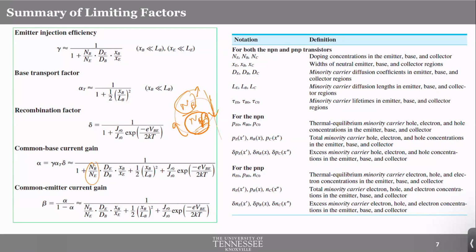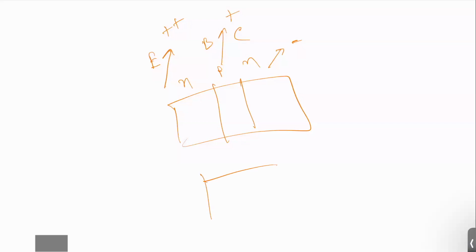So notice those decisions that you learned about in the previous lecture, that emitter is heavily doped, base is deliberately kept at a lower doping concentration compared to the emitter, it is directly related to this understanding from this mathematical expression. Similarly, one more thing, notice this geometry factor. This is the width of the base, this is the width of the emitter. Typically, I don't know if you caught that, emitter is much wider than the base.